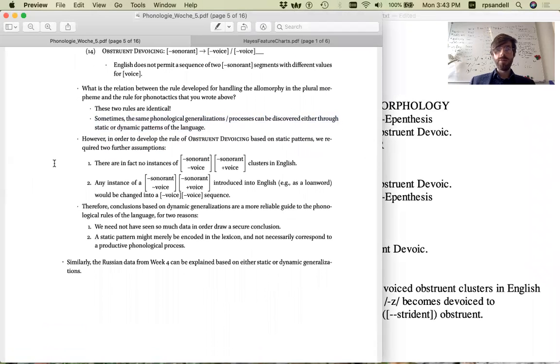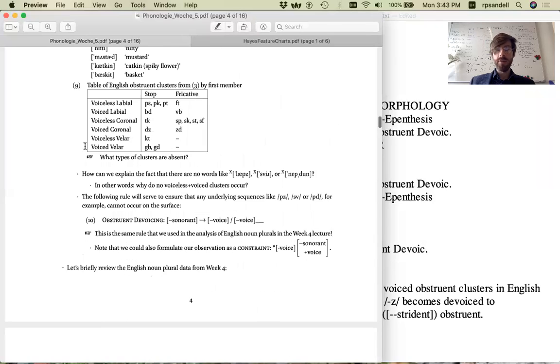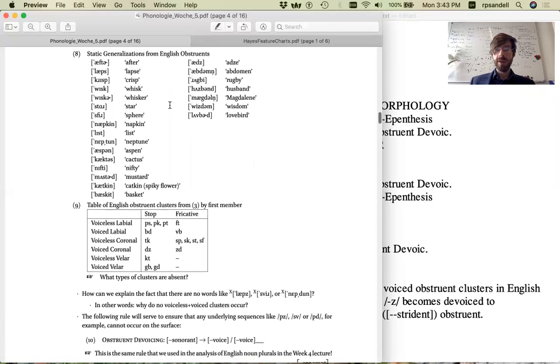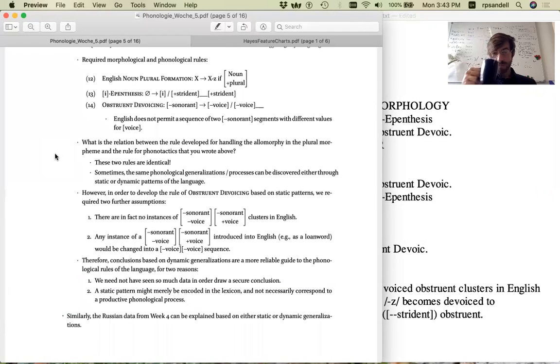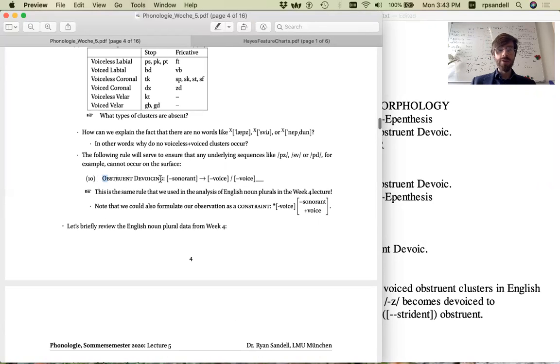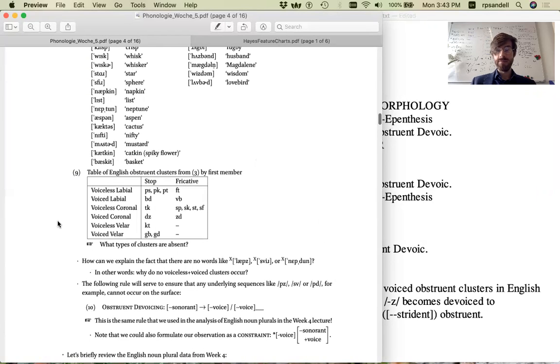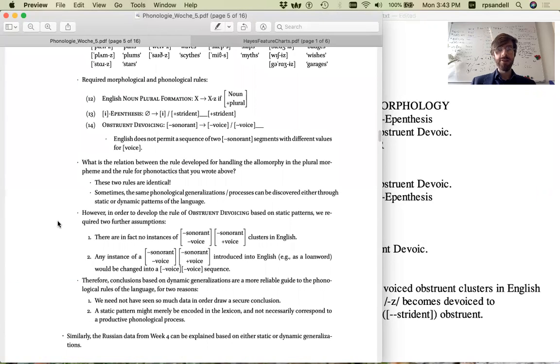But when we look at things from the monomorphemic perspective, just using these words that consist of single morphemes, to make sure that the rule of obstruent devoicing is really needed to explain that data in English, we would have to make two further assumptions.